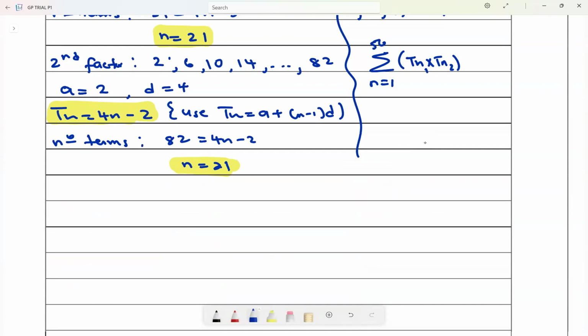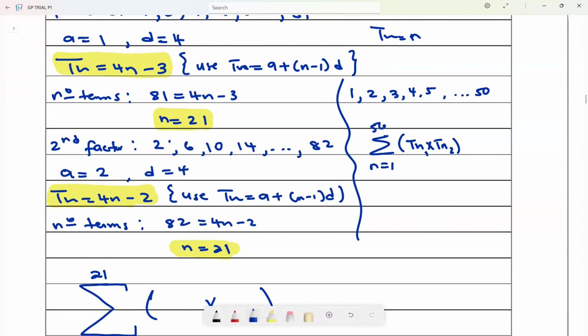We'll say, okay. Therefore, our sigma thereof, okay, I want to draw it largely. The number of terms that we have, it is 21 for both of them. So this is the number of terms that we have. And then always we like to start from n equal to 1. Do not complicate it. And then instead of our Tn, we're going to substitute what? Remember, our Tn is something multiplied by something. So something is the Tn of the first difference.